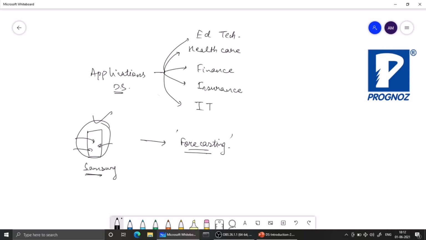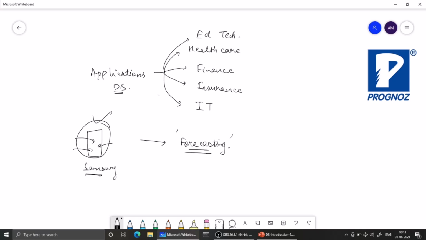Whether it is something to do with the admissions, or question generation and all, a virtual assistant for students and all, data science and AI can be helpful for us in every domain.